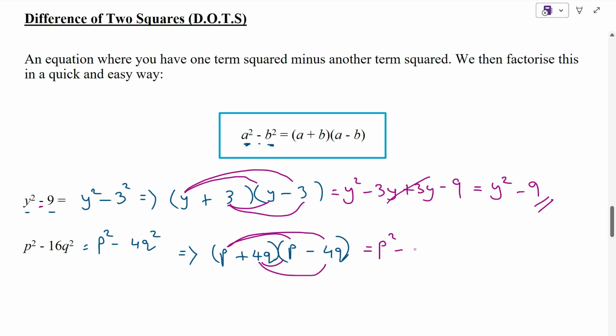P squared minus 4pq plus 4pq minus 16q squared. Minus and a plus cancel out, and we're left with p squared minus 16q squared.